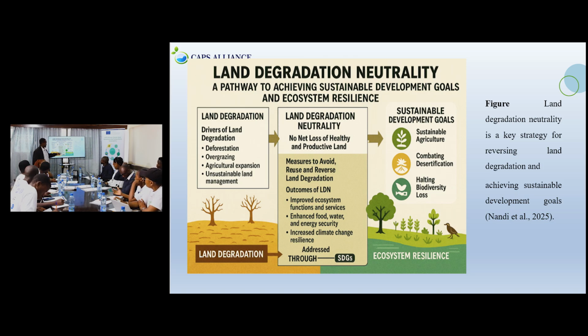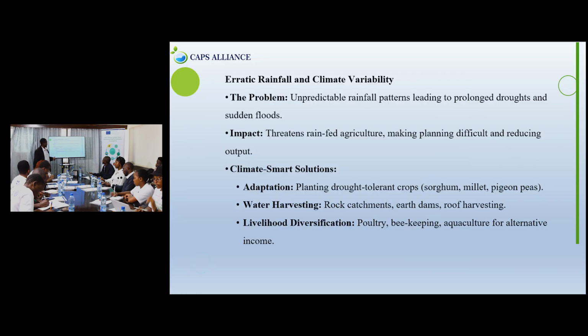Remember, initially when we started, we talked about the food, water, energy nexus being connected. In climate change, we need to be resilient. Now, for sustainable development, we have combating desertification. If we do best practices, then we can combat desertification. Altering biodiversity, loss of birds, loss of microbes, loss of earthworms, so that we have a healthy environment and a healthy agricultural system.